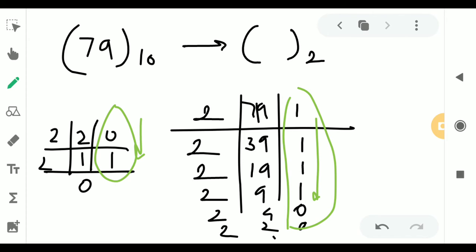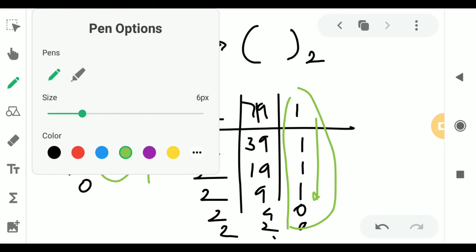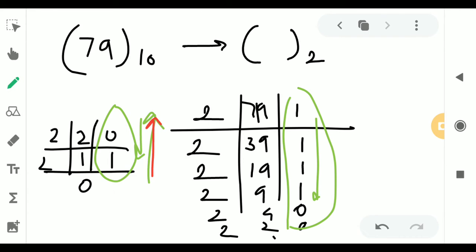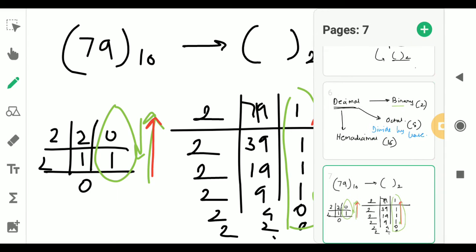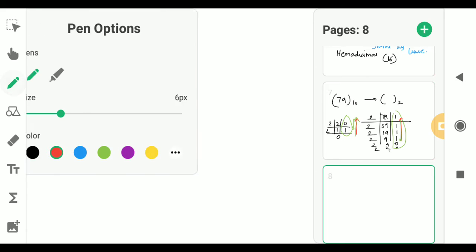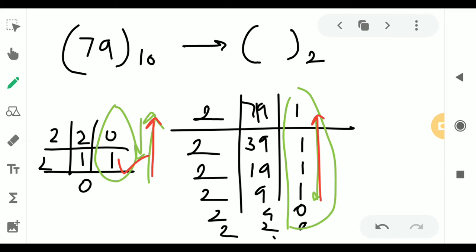Now what we do is go from bottom to top. Not from the top to bottom, but from bottom to top for the set of remainders, and note the number which has been formed. So what is the number? Let's write it down.